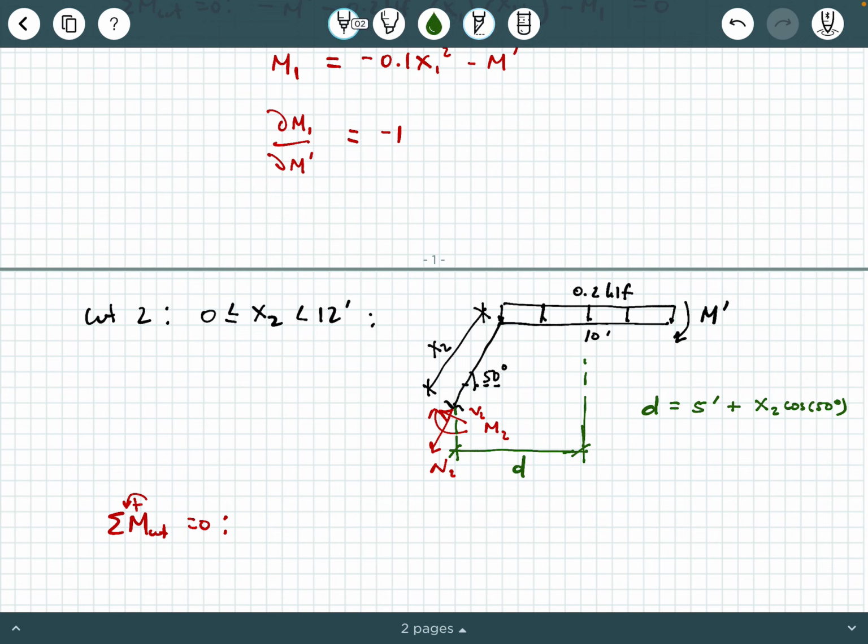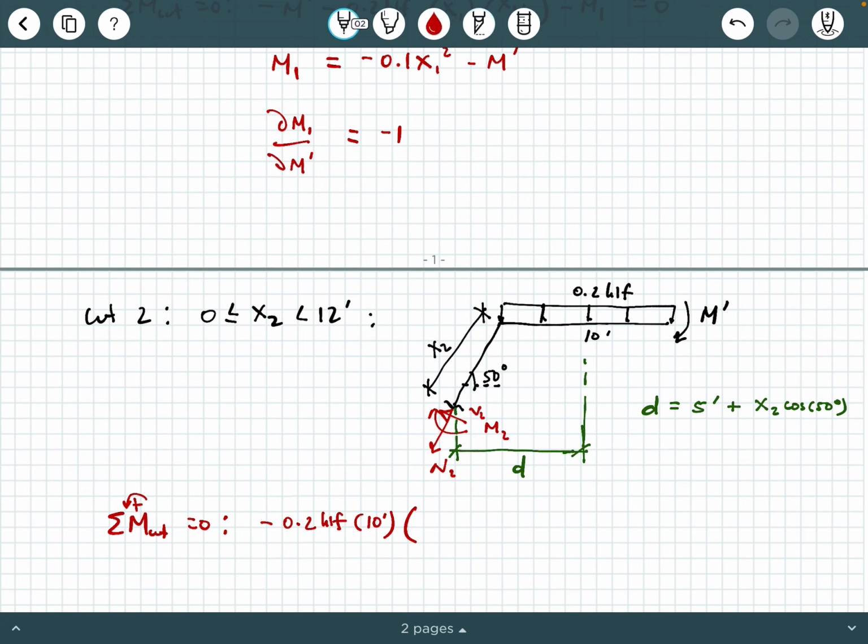All right, so why is that important? Well, that's going to be a moment arm that we're going to use right now. So looking at this free body, I'm going to say minus 0.2 KLF times 10 feet. That's the length over which it's distributed, times that perpendicular distance D right here.